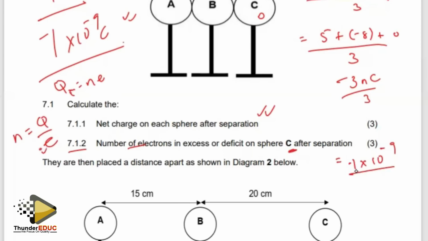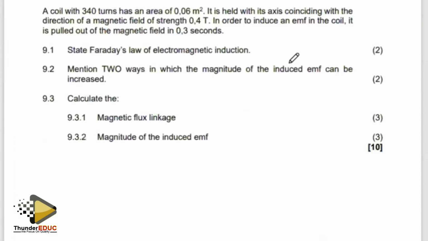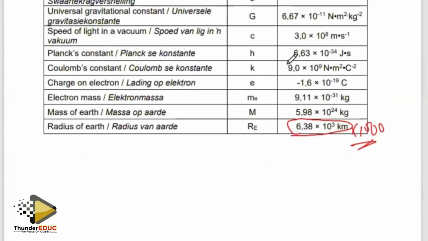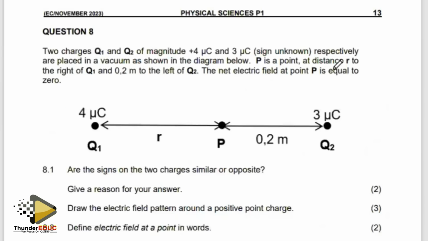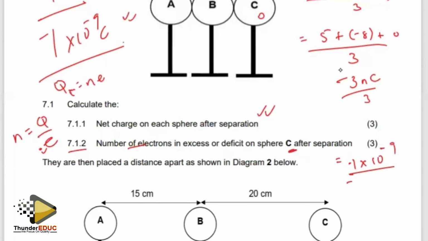And then we know the electron charge from our formula page. Okay. From our formula page, electron charge is -1.6 times 10 to the -19. Okay. Punching this into the calculator, it's 1 over that, which gives us a very big answer. I'm gonna get 625 and a whole lot of zeros.